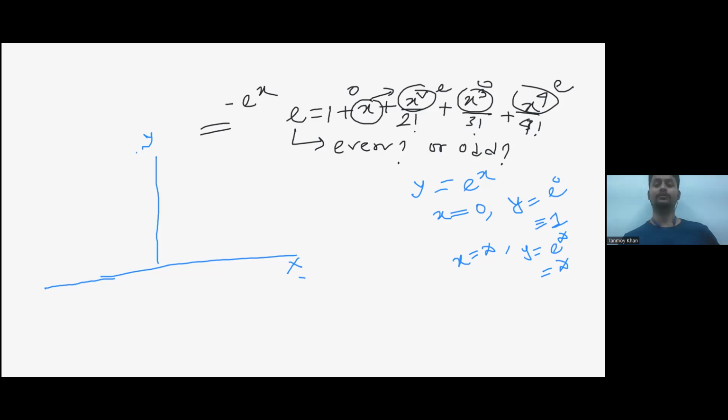So whenever x is 0, you are getting 1, and at x is plus infinity, you are getting infinity.